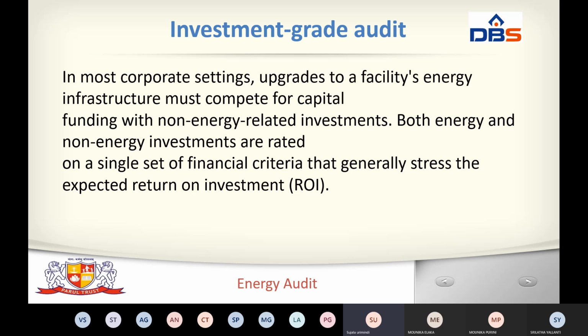Under the investment grade audit, it will give the detailed analysis of capital intensive modification, localizing on potential cost, that means how much of the analysis is based upon the investment, how much capital intensive modification is involved. This comes under the investment grade audit.